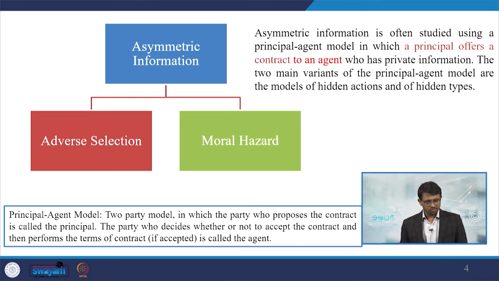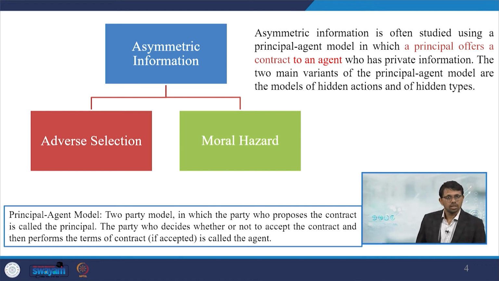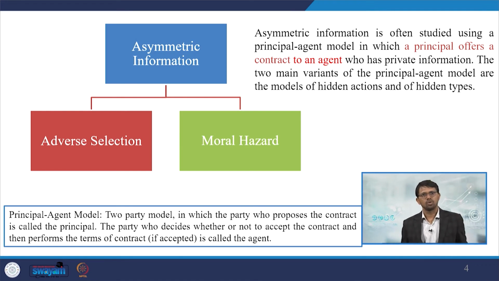In the principal agent model, which is precisely a two-party model, the party that possesses the contract is called the principal. The party who decides whether or not to accept the contract and then performs the terms of the contract, if the contract is accepted, is called the agent.